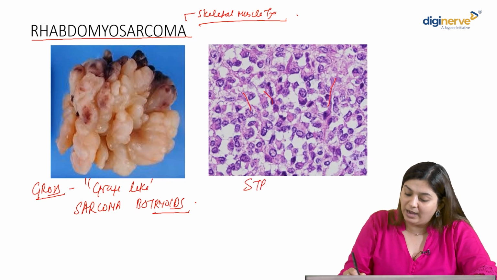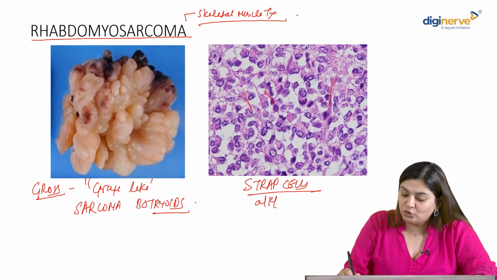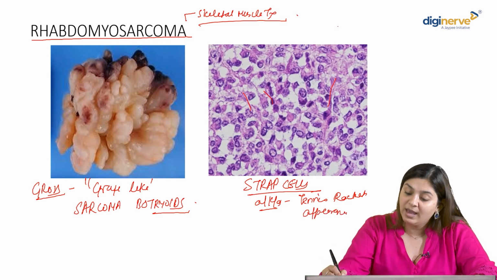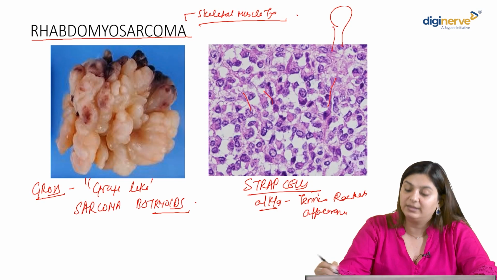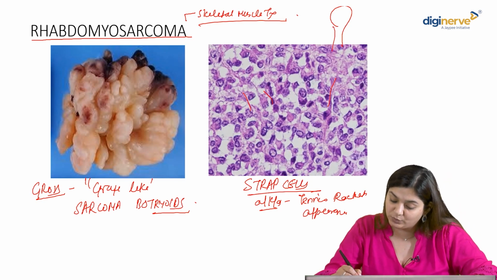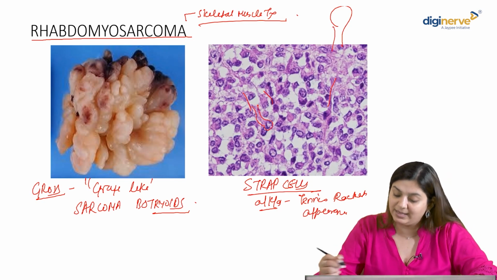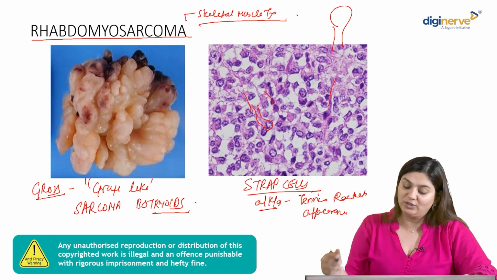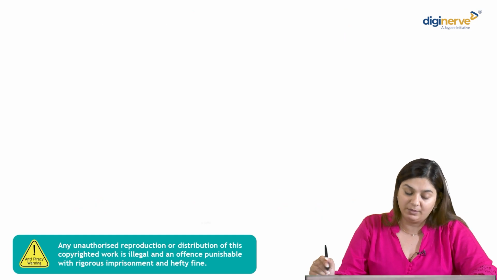So, they are known as strap cells, also known as tennis racket appearance. Why? Because if you see, the tennis racket is also like this, and all these cells, can you see like this? They are looking like strap cells where the cytoplasm is stretched out, or like tennis racket appearance.